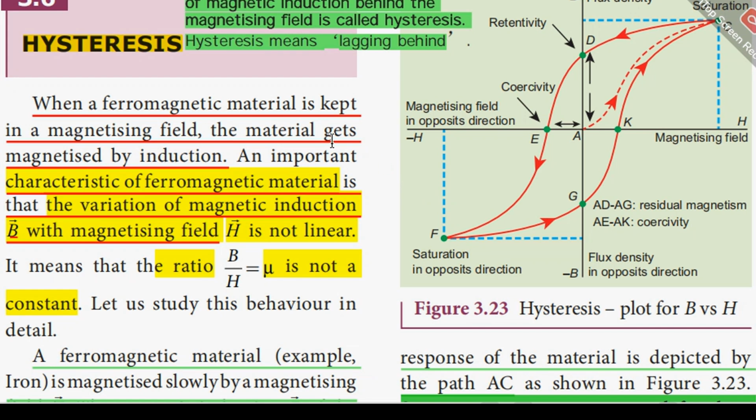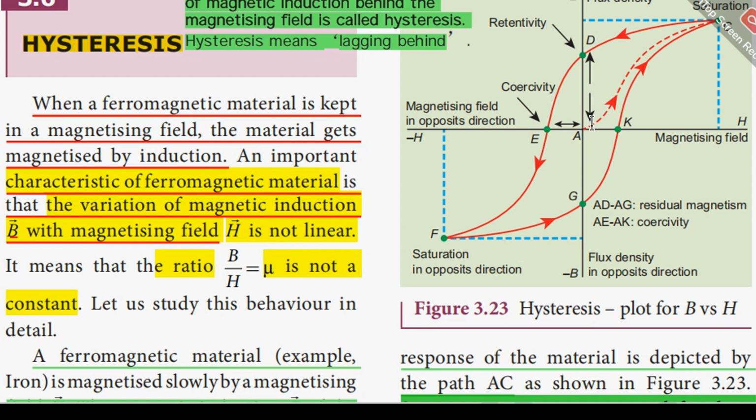Now let us see what this phenomenon is. When a ferromagnetic material is kept in a magnetizing field, the material gets magnetized by induction. An important characteristic of ferromagnetic material is that the variation of magnetic induction B with the magnetic field H is not linear. Actually, it will be like this.